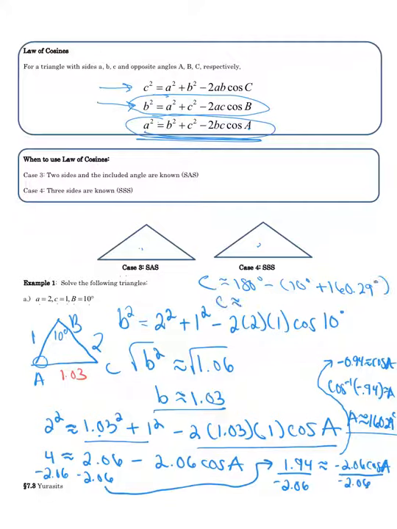So angle C is approximately 9.71 degrees. Gosh, my handwriting is so much better in class. Okay, so that's how you solve for law of cosines.